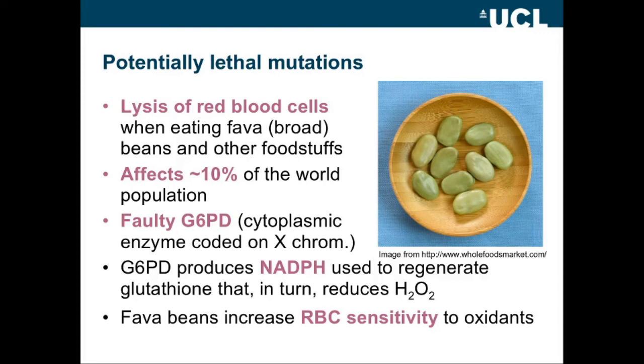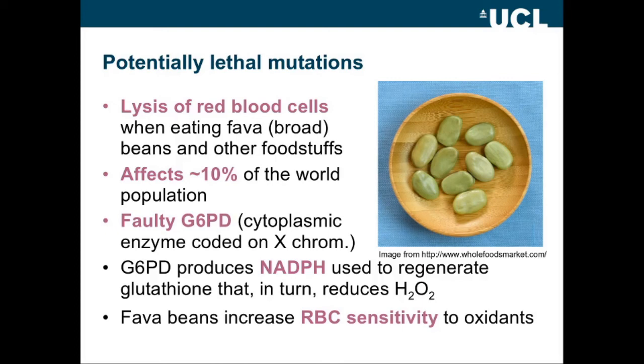Now, the function of G6PD, in this context at least, is to produce NADPH, which is used to regenerate glutathione that in turn reduces oxidizing agents such as hydrogen peroxide and maintains the reductive state of the inside of the cell. Now, in most cells, there are other ways of producing NADPH and regenerating glutathione.